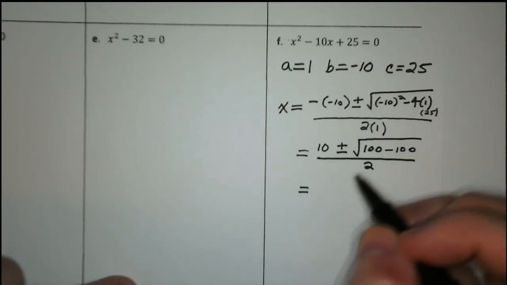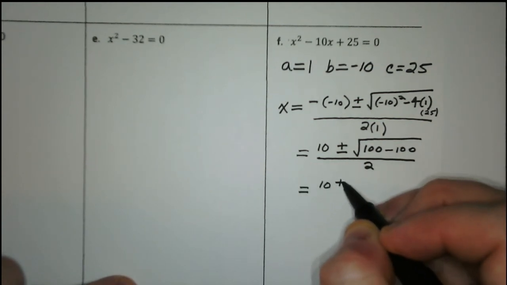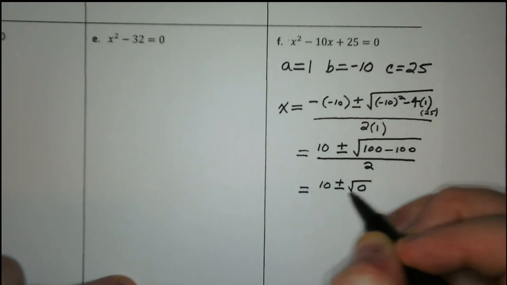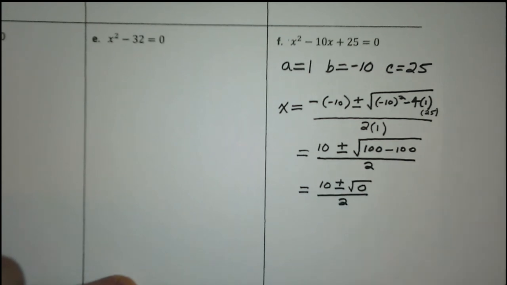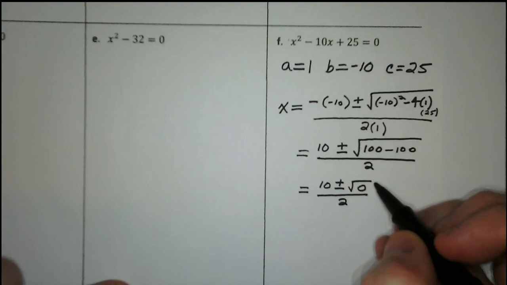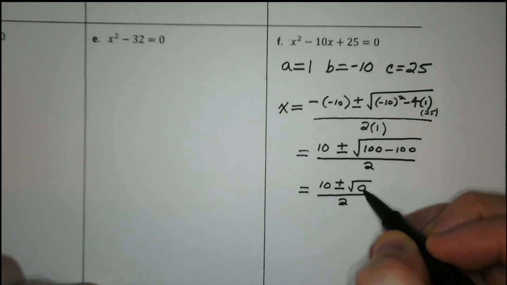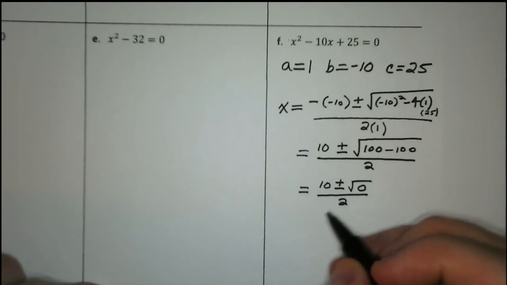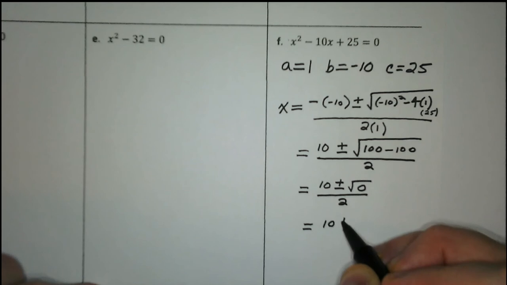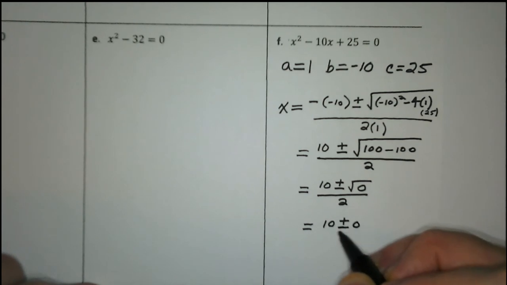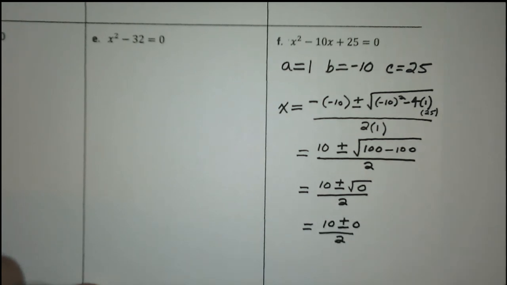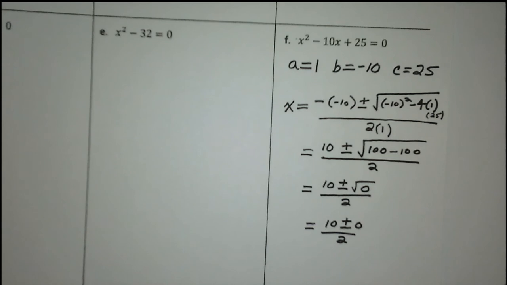Now check this out. You end up with the square root of 0. What's the square root of 0? Zero.